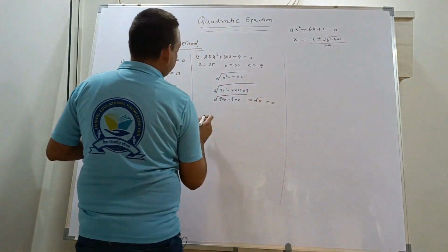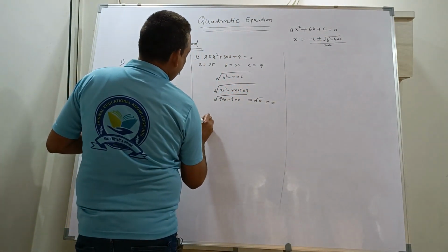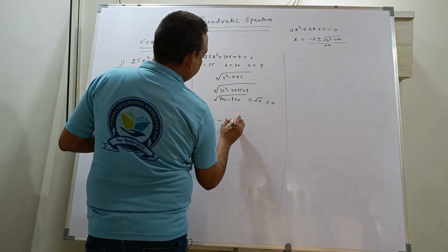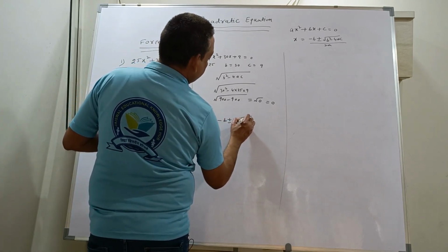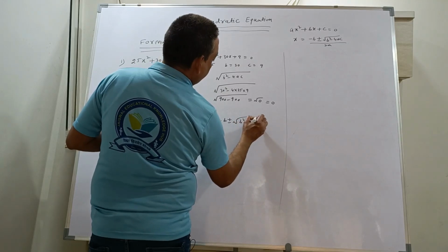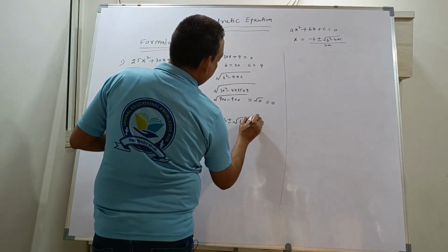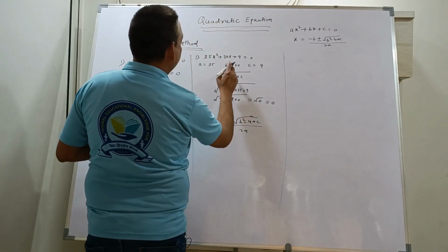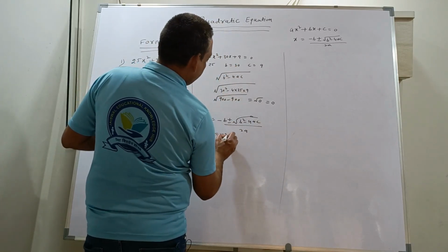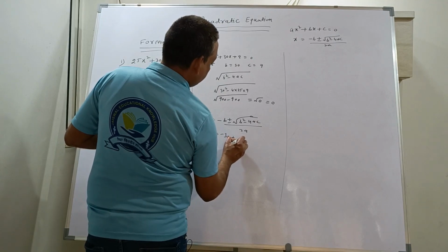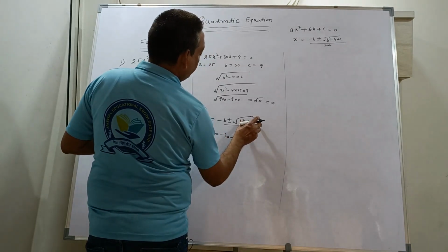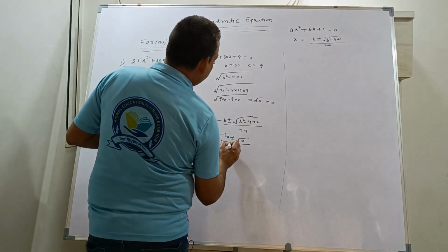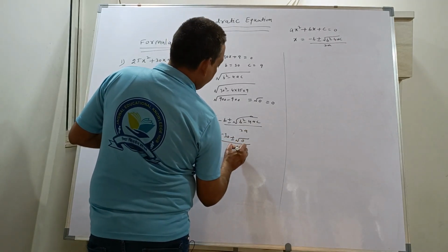So we already got the value of the root. We'll just substitute, since x is equal to minus b plus minus root of b square minus 4ac, the whole thing upon 2a. Now minus b will be minus 30 plus minus root of, we already got the value, 0, the whole thing upon 2 into 25.